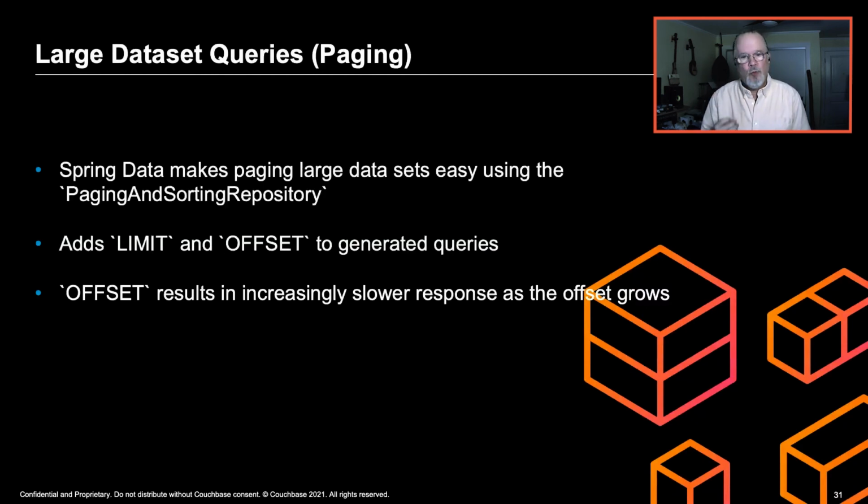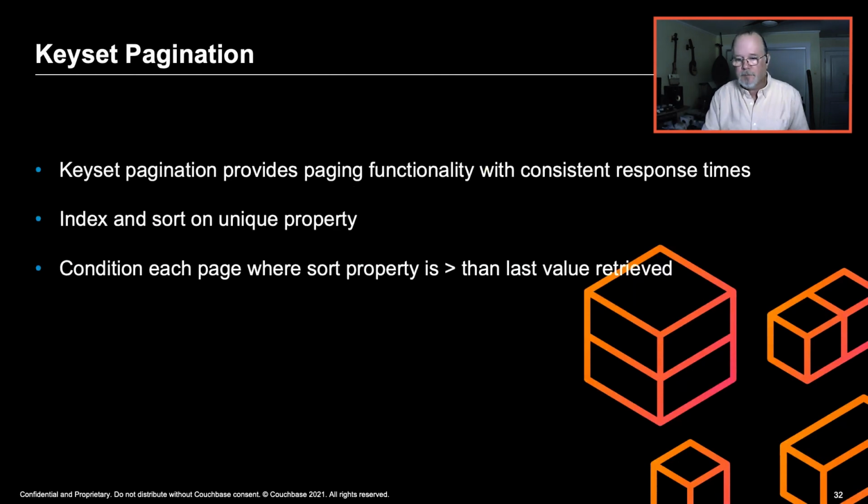The problem with this is that as your offset grows, you will have increasingly slower response from Couchbase, from the query service, because it has to build the result set and then move through the result set to find where that offset position is before starting to return the data.